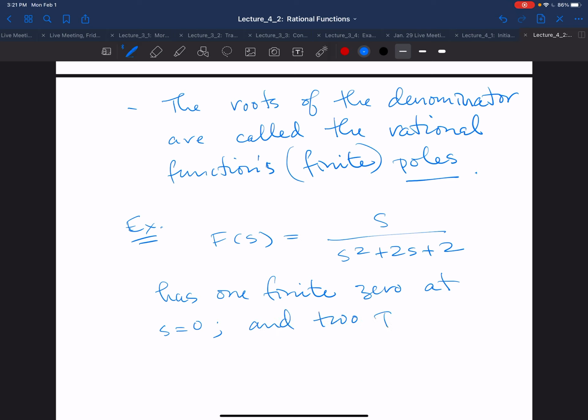And it has two poles, and they are at s equals -1 plus or minus j. They're complex poles. I should say two finite poles.